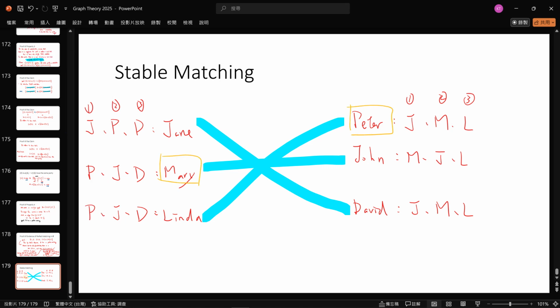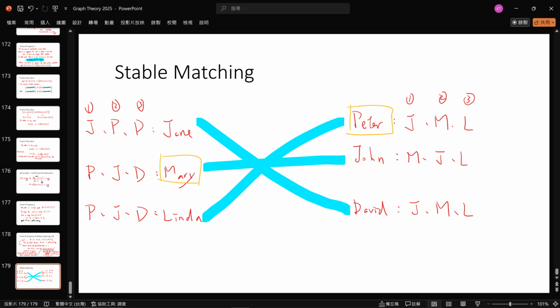The reason that this is not a stable matching is because if you focus on this pair, Mary and Peter, I claim that this is an unstable pair. So why do Mary and Peter form an unstable pair? The reason is that in this matching, they are not matched together.